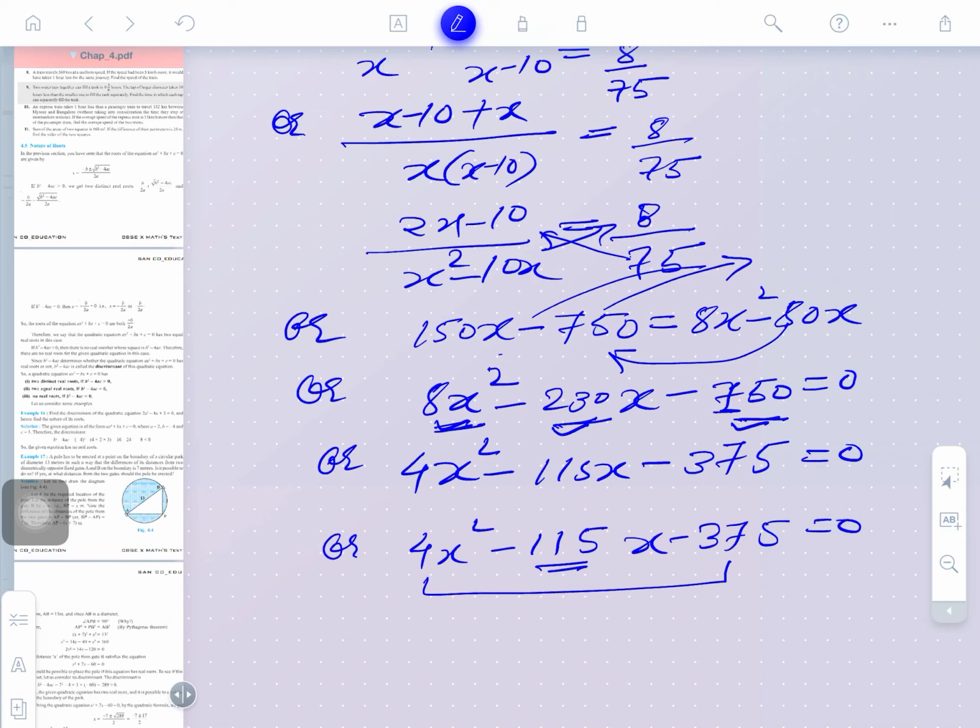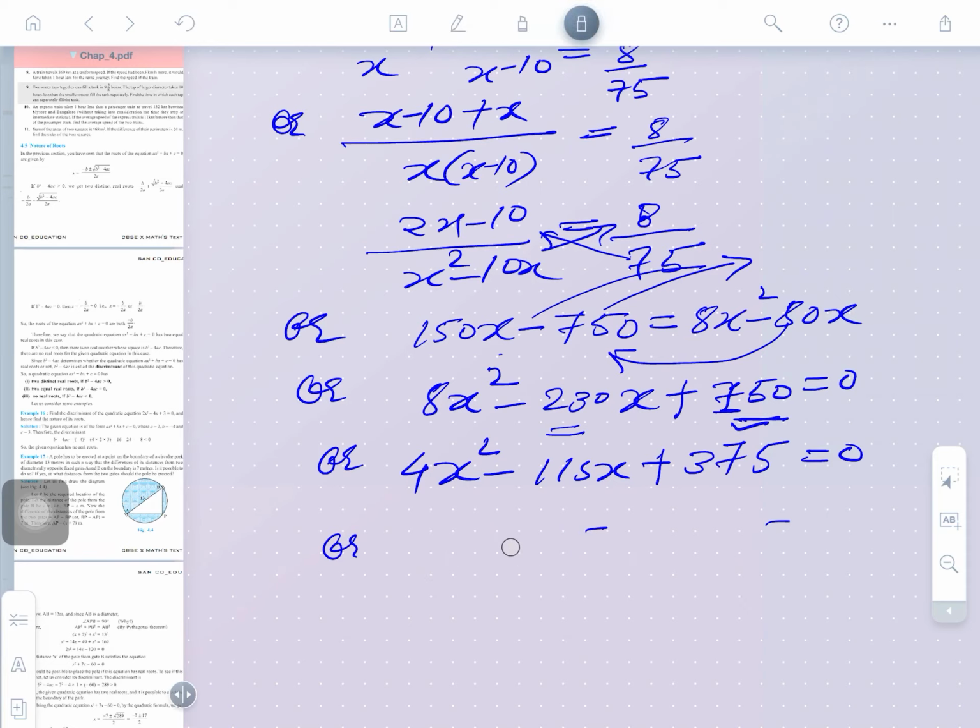So 8x square positive, it is correct, and 150 to be transferred here. So negative will be there. 80 minus 150 is minus 230, this is correct, and 750 transferred to that side, positive will be here. So what is common? 2 is common in them. 4x square, 115, 375. Now we have checked, okay. So no need to solve this equation, they already have given this, simplified.